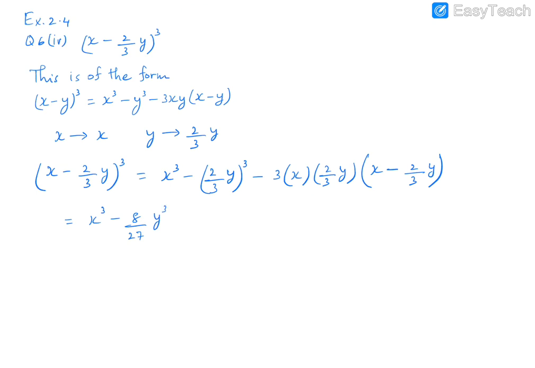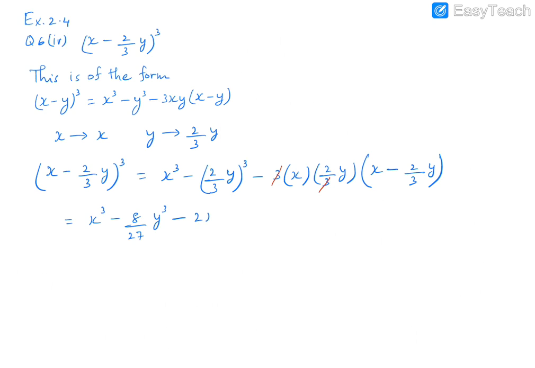Okay, so 8 by 27 y cube, and then the next term we have 3 into x into 2 by 3y. So clearly we can cancel out the 3 there, so let me do that. So this 3 cancels out with this 3 because they are multiplying there. So we will have 2 x into 2y, that with a minus in front here, so it is minus 2xy.